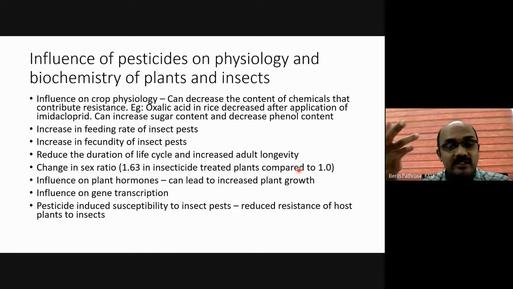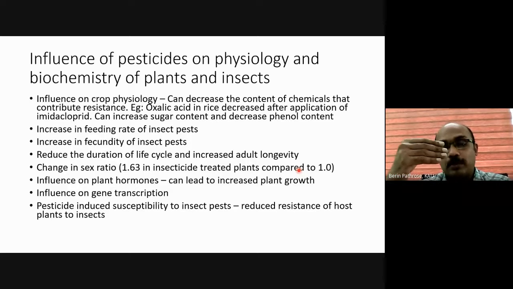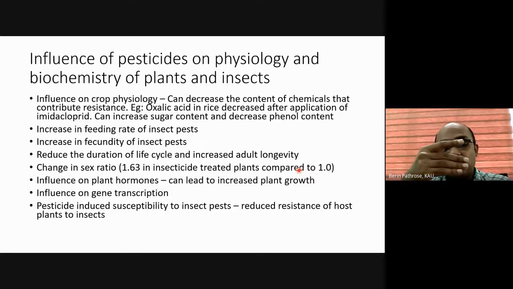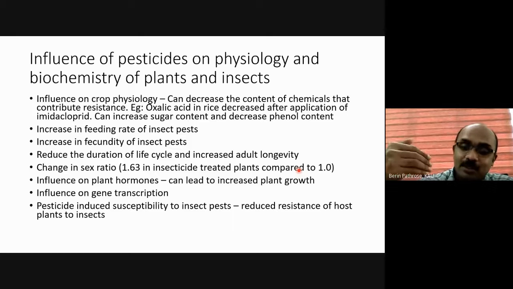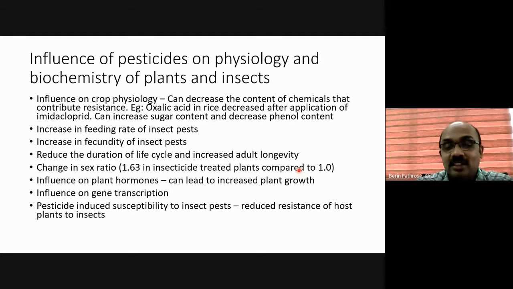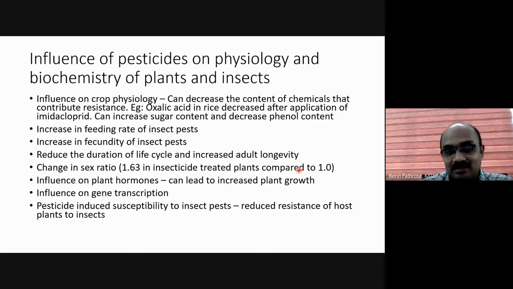We usually study the total phenol content in host plant resistance studies. Crops or varieties with high phenol content are resistant to insects. But if you are using imidacloprid, oxalic acid and phenol content will decrease, whereas sugar content, which favors the buildup of insect pests, will increase.